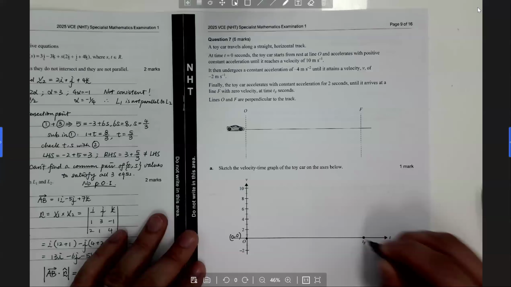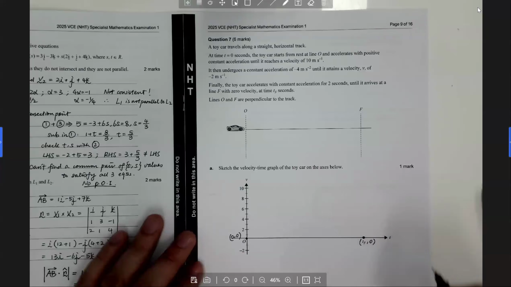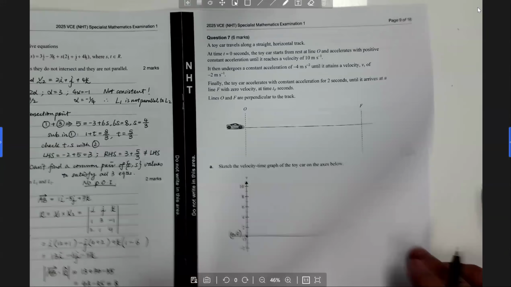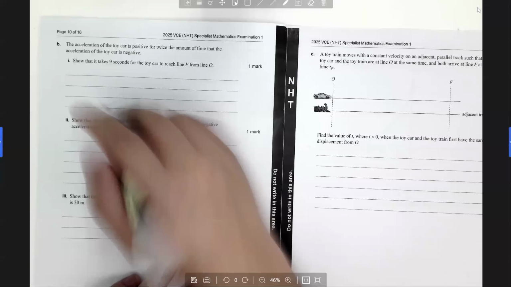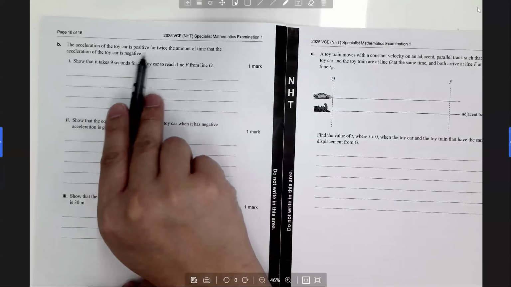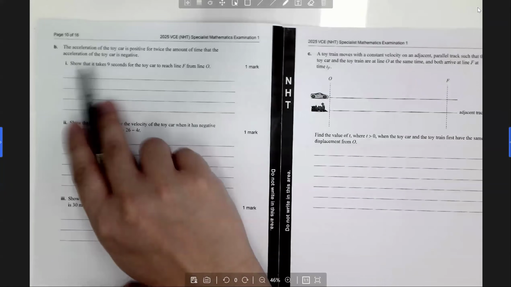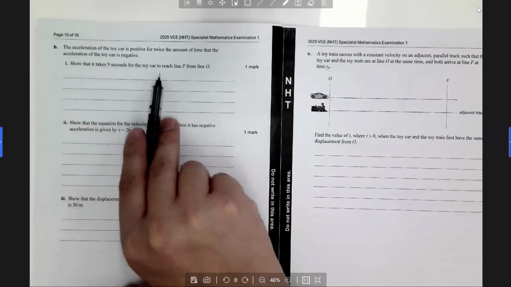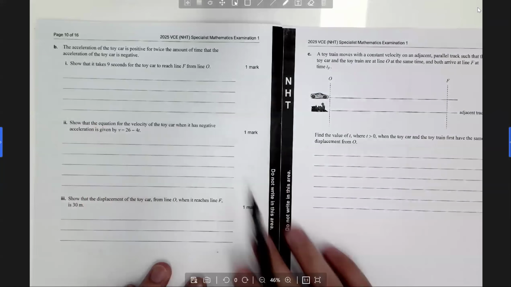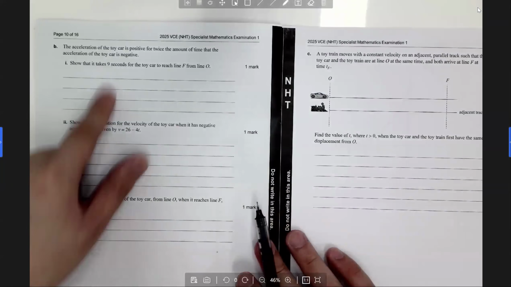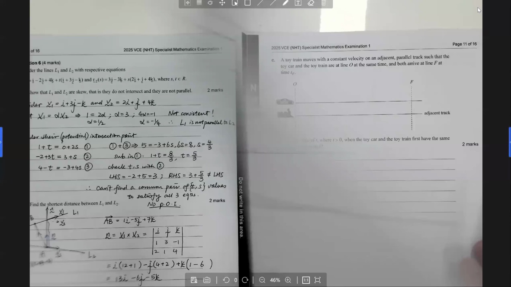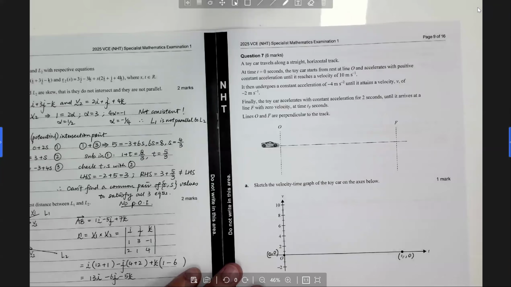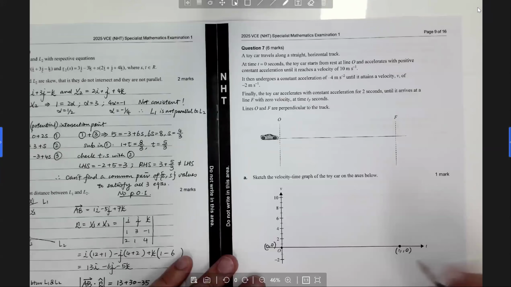Line O and F are perpendicular to the track. Eventually, I know it's coming back to here. Let me have a look. Okay, the acceleration of the toy car is positive for twice the amount of time that the acceleration of the toy car is negative. Show that it takes 9 seconds for the toy car to reach line F from line O. Okay. So the total amount of time here, I would say it's 9.